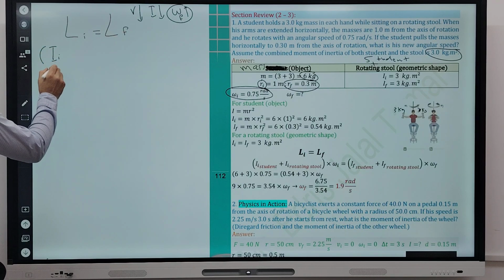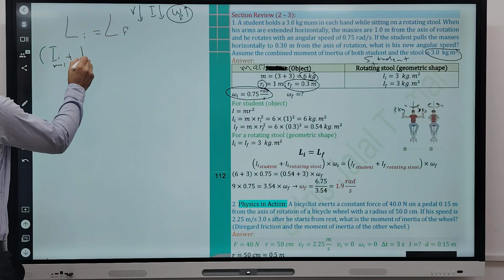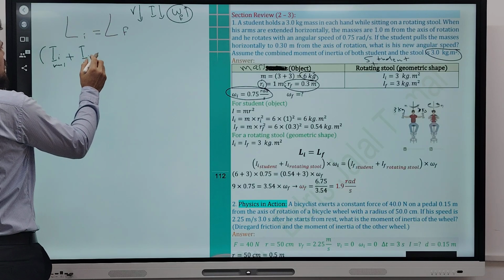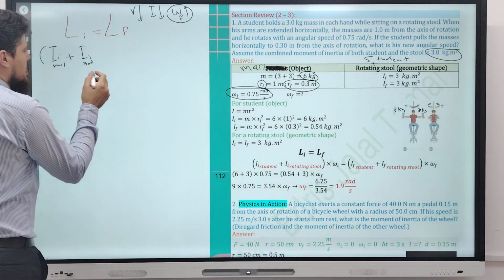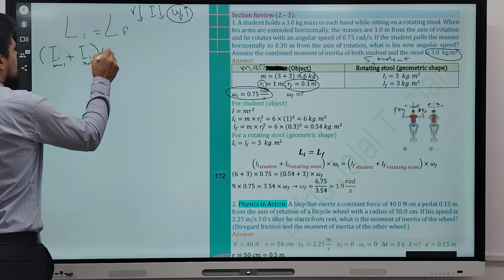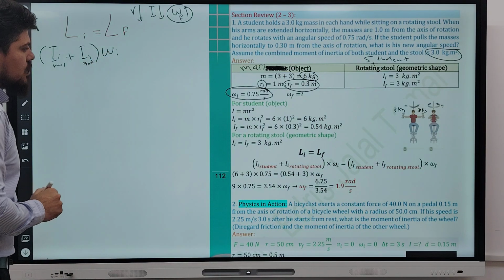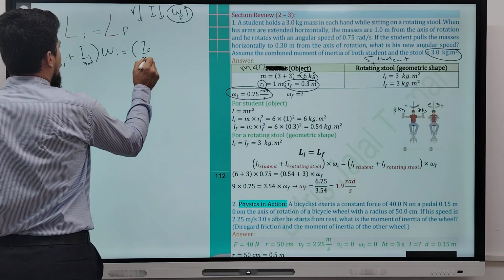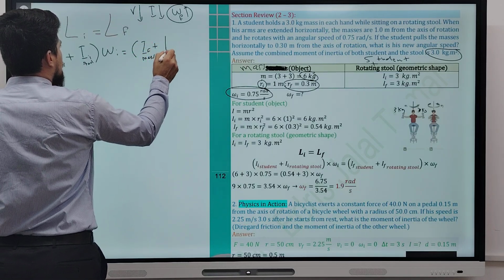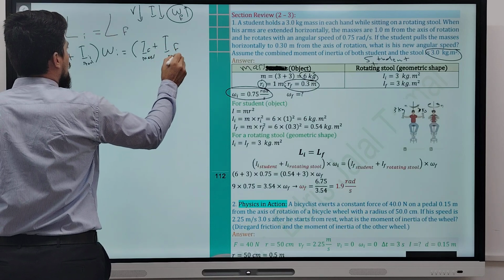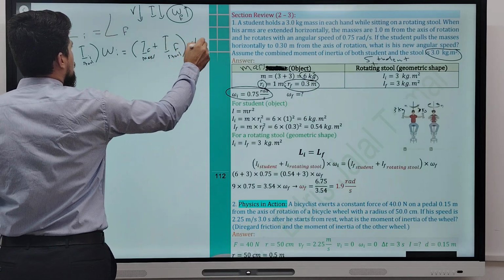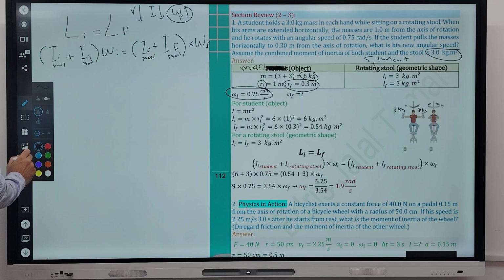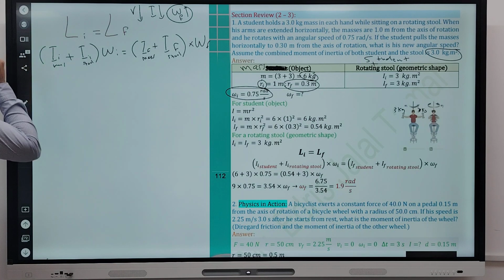I initial for the mass plus I initial for the stool, times initial angular speed, is equal to I final for the mass plus I final for the stool, times omega final, unknown. Now we have to find the moment of inertia for the masses one by one.